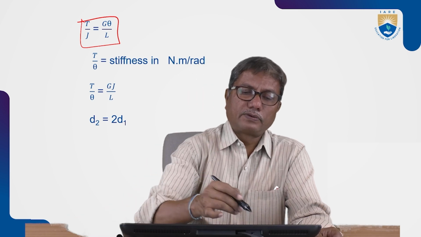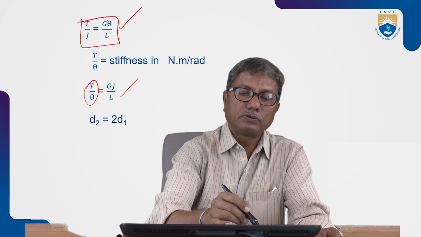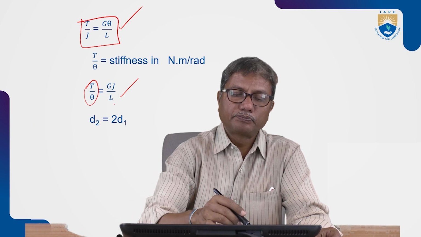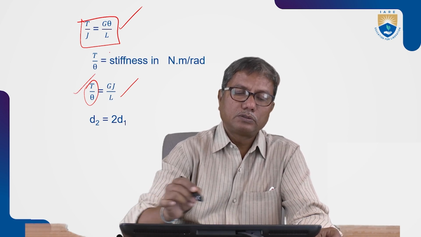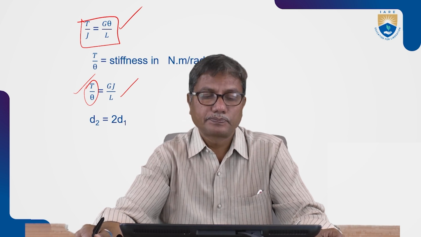From this we obtain T by theta equal to GJ by L, and we know the value of T by theta, which is nothing but stiffness.